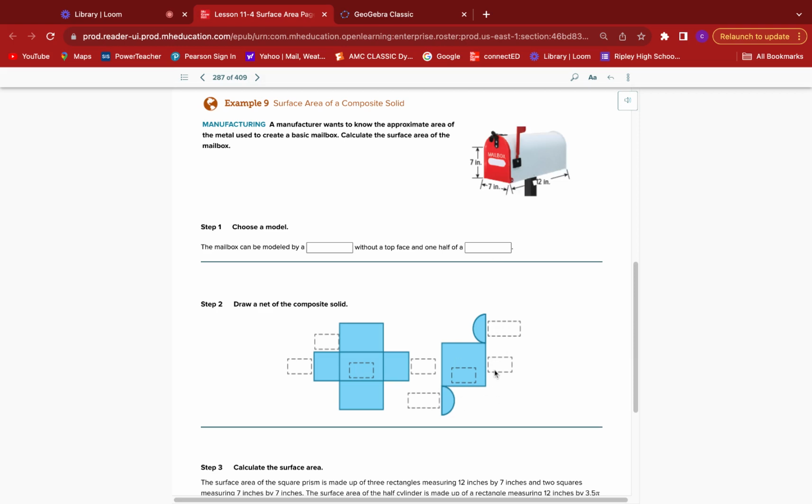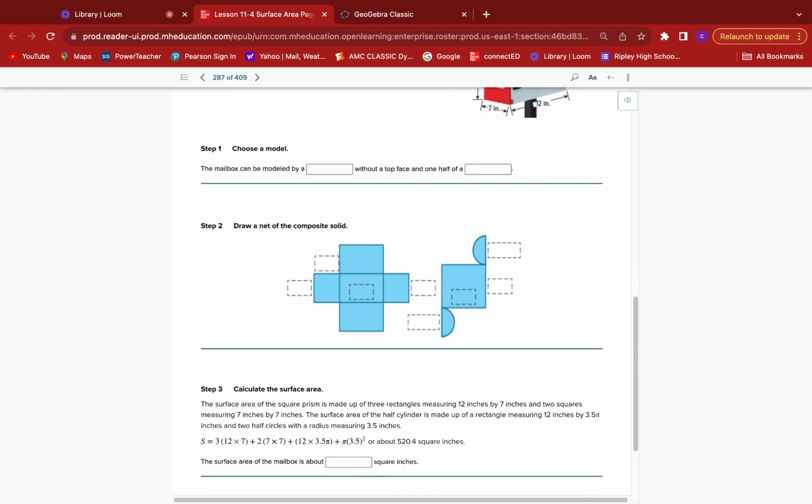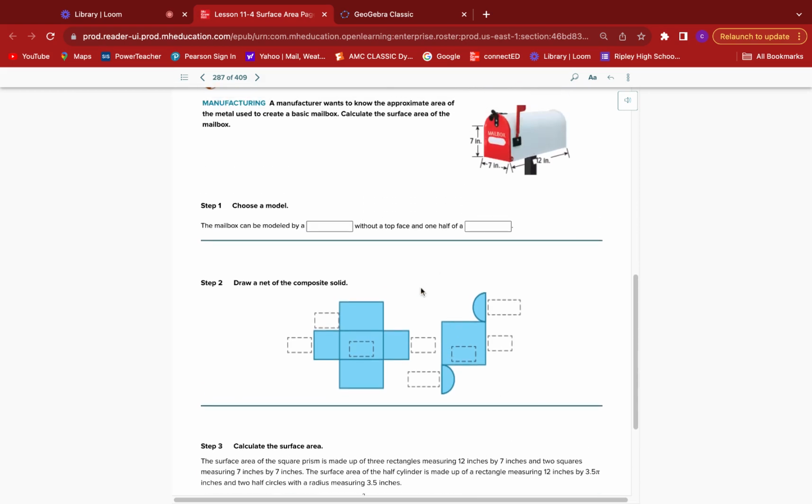7 here. And they take the radius and cut it in half, which is 3.5, because 7 divided by 2 is 3.5. So remember, because this is surface area, there's no top of this prism. It has been replaced with the curve of the half cylinder.